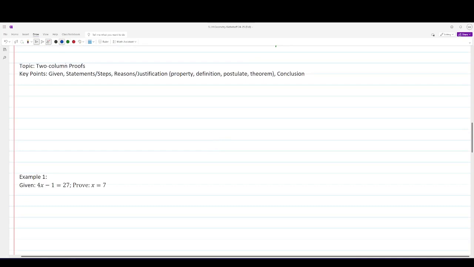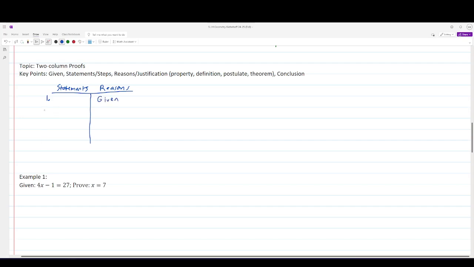Okay, two-column proofs. Two-column proofs are set up with a heading and then a vertical line like a giant T. And we have on the left statements or steps, and on the right, we have reasons or justifications. Step 1 is always whatever is given.